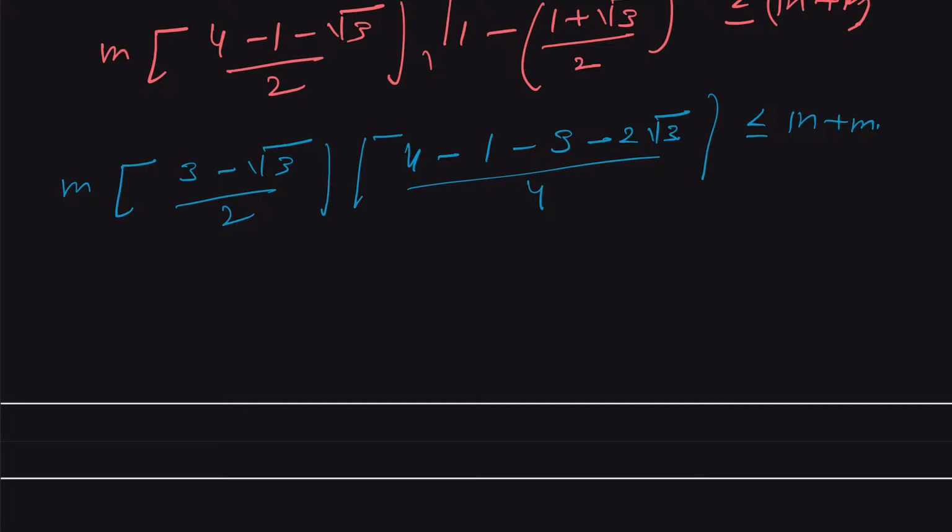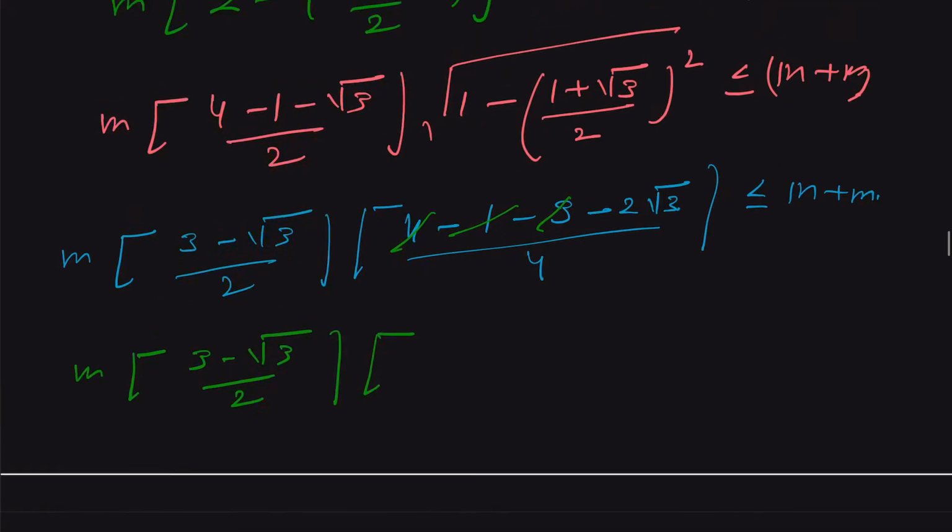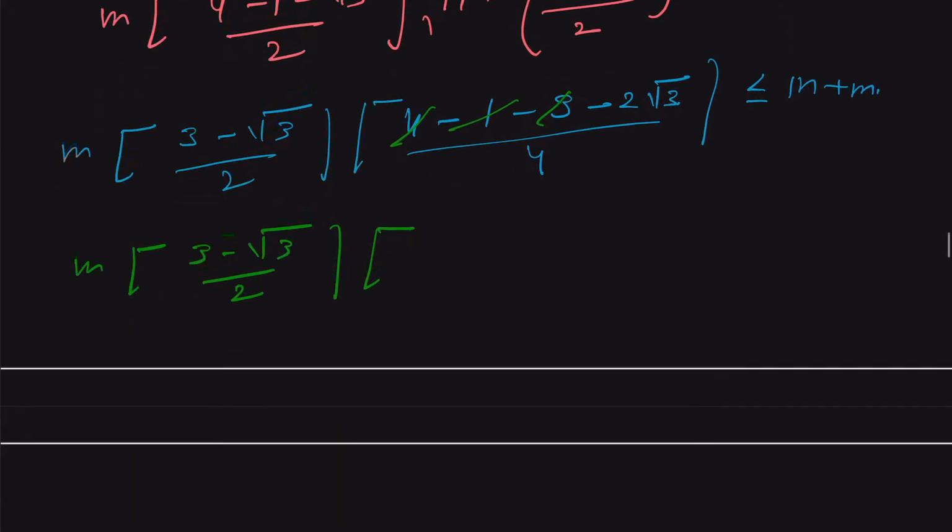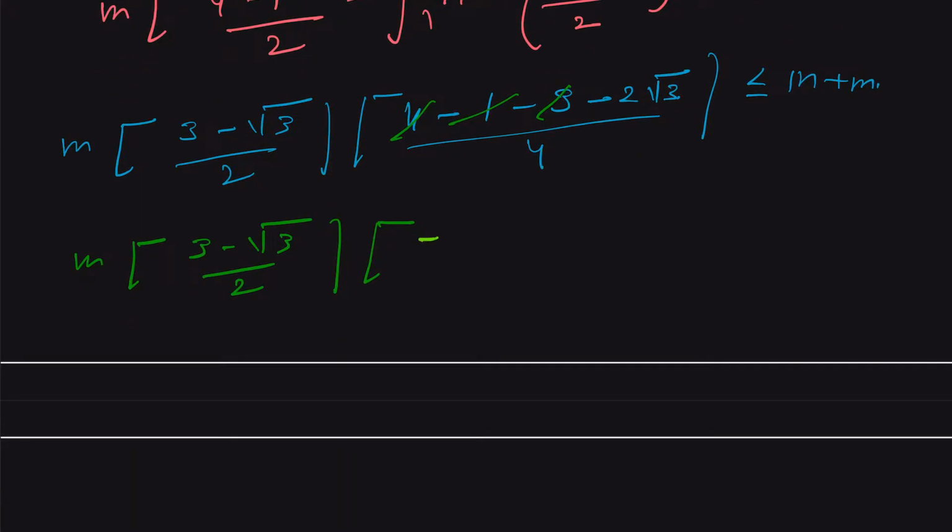And so we get this as M, this is 3√3/2, and here this cancels out, and yeah, it cancels out. Yeah, it looks like. So this comes as minus 2√3/4 is less than or equal to M + m.